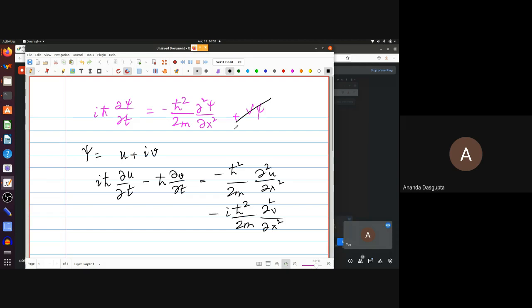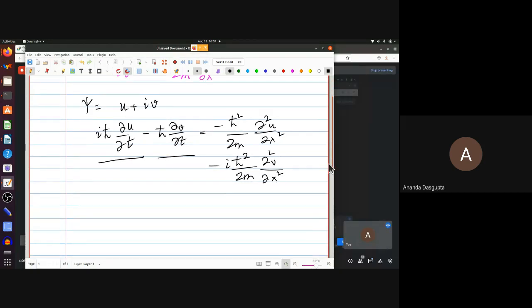And in that, if you put in psi equal to u plus iv, then what will happen is the left-hand side, the imaginary part has u in it, right? Because of the extra i in front. And the real part actually is the one with v in it. On the other hand, on the right-hand side, there is no extra factor of i. So the real part has u and the imaginary part has v.